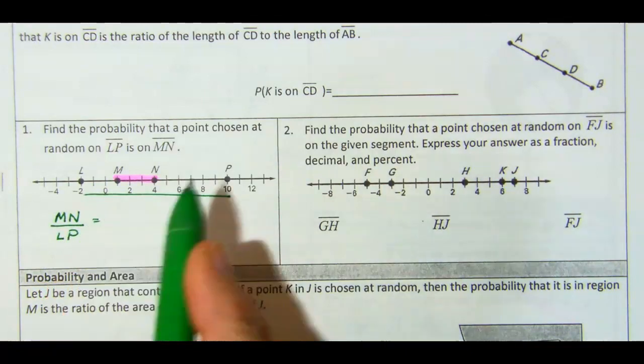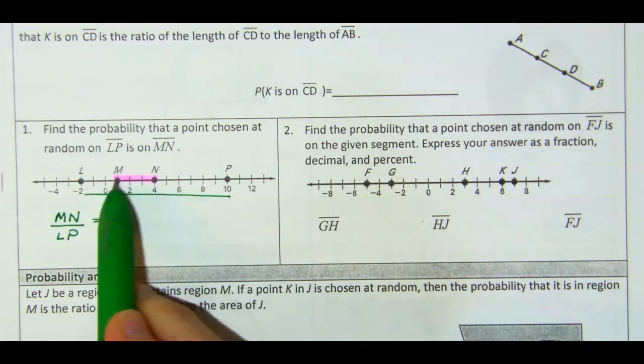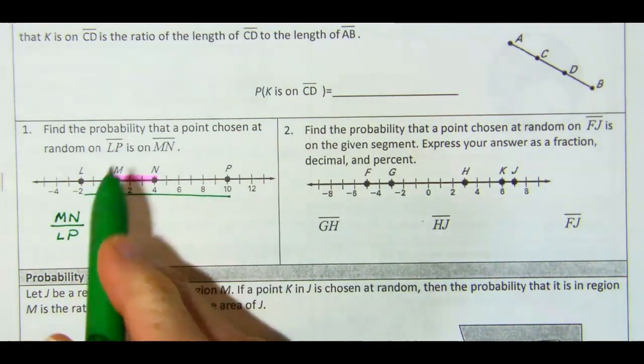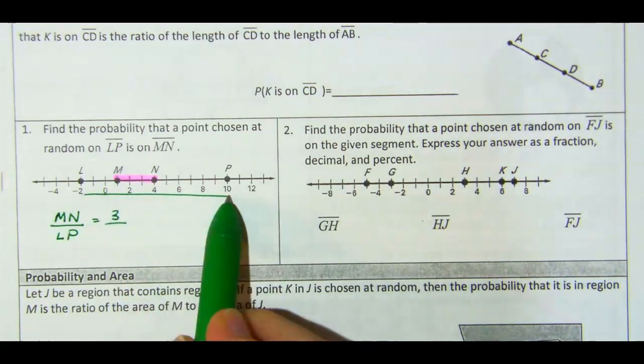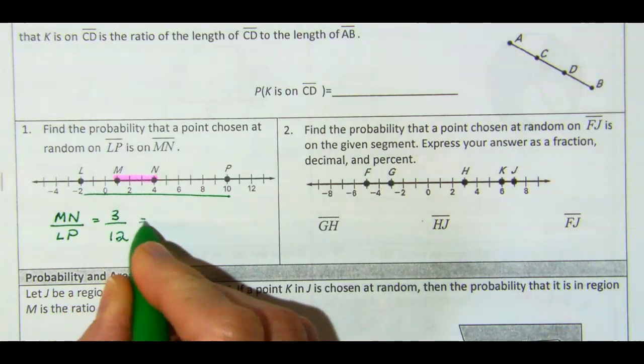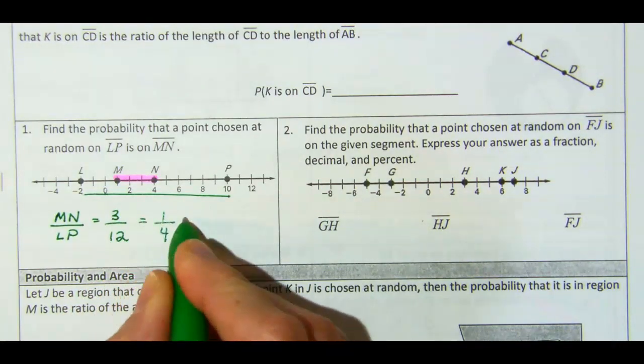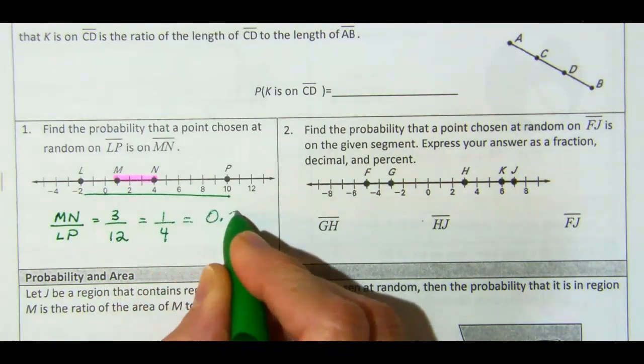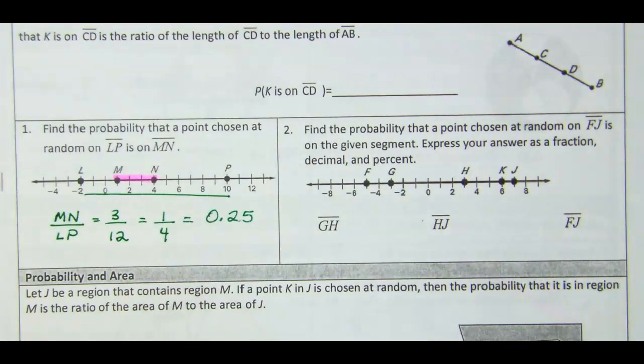Now we can see by the number line that this is 3 units. And if this goes from -2 up to 10, that's going to be 12 units. So this is going to reduce down to 1/4, or as a decimal, 0.25, or a 25% chance of the point being located on MN.